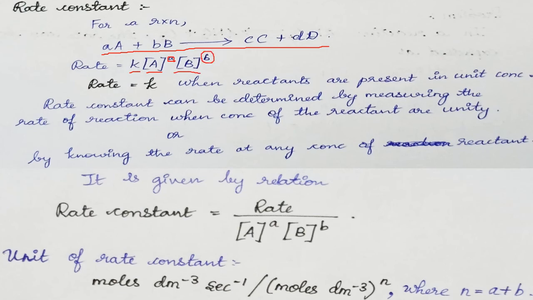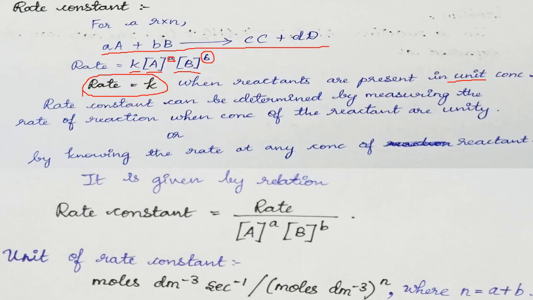This is the rate equation, and they have given that rate is equal to K when reactants are present at unit concentration. When both the reactants A and B are present at unit concentration, meaning 1, then the rate is equal to K. In the above equation, when A and B become 1, the rate will be K.